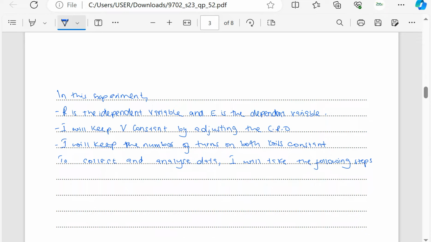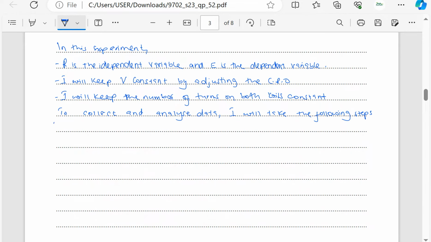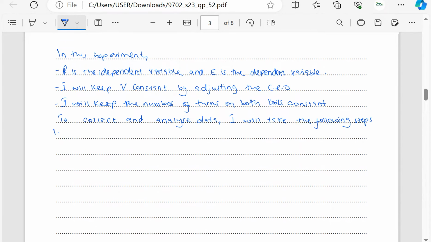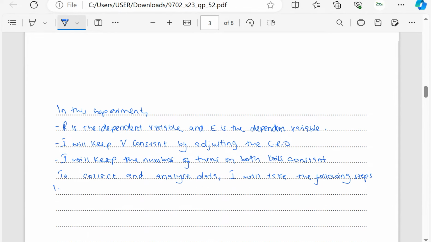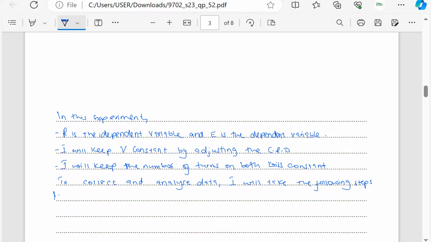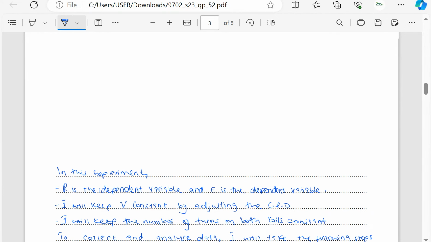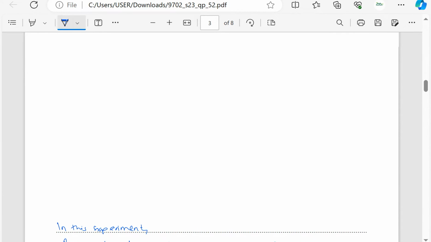I will number my steps for easy reference. Step number 1, I will build the experimental setup. Let me first draw the diagram of the experimental setup. Of course, you have the diagram in the skeleton, so it becomes even easier to draw it.